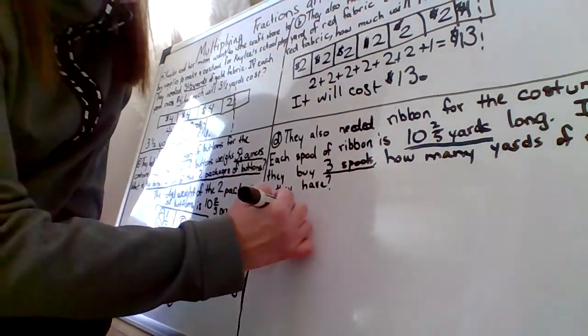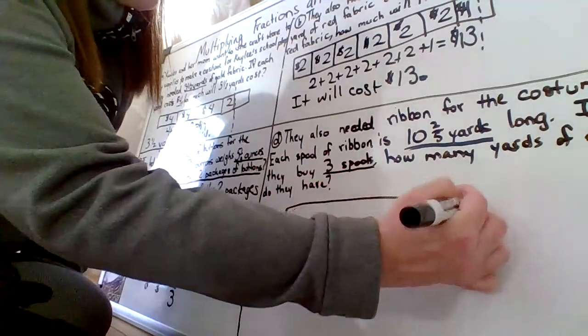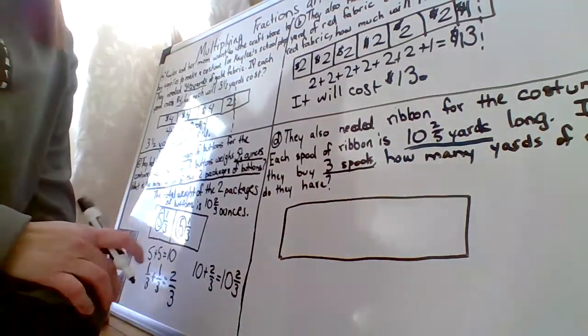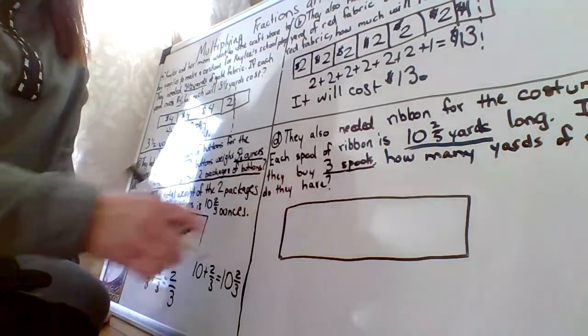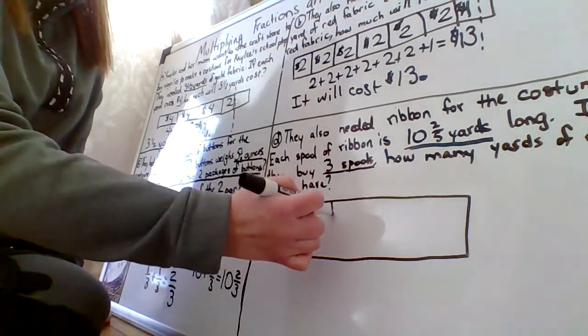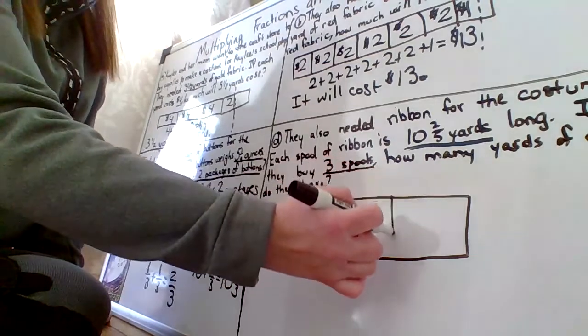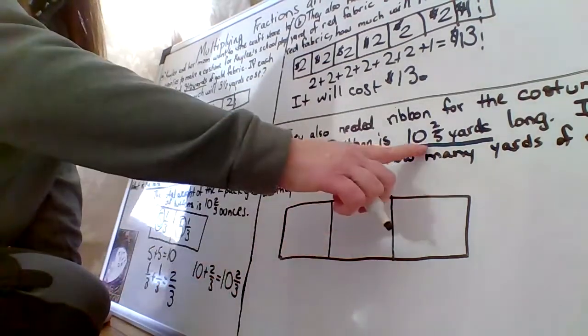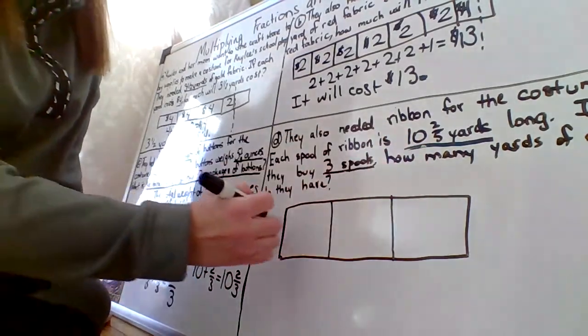So now we start with our tape diagram. Looking at this tape diagram, I remember that I have 3 spools, so I will need 3 parts in that tape diagram. Each part is worth 10 2/5 yards.